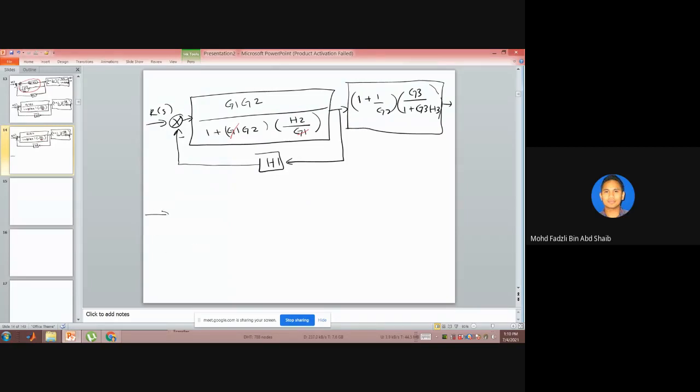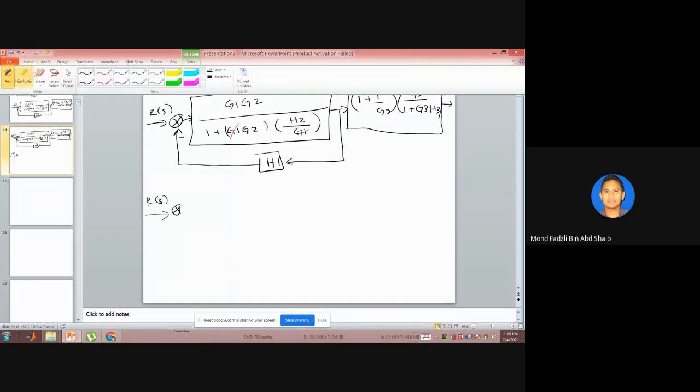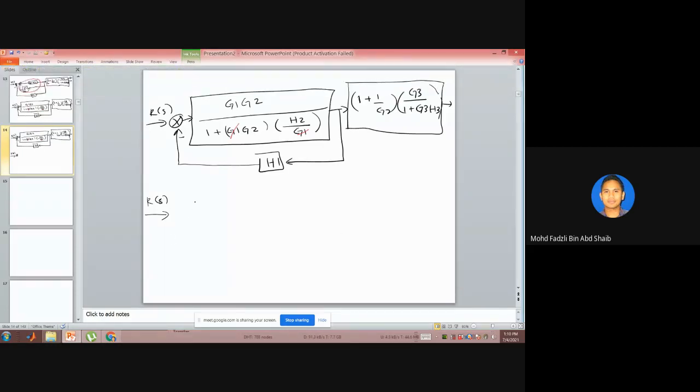So now RS, if we combine together, we don't have this anymore. So this one, G1, G2 over 1 plus G2, H2, right? Over 1 plus G1, G2 over 1 plus G2, H2 times H1, right?